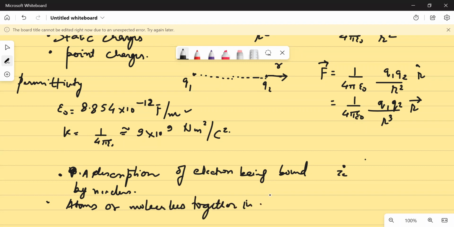I'm not much concerned with solids here, but with fluids. By fluid I mean liquids as well as gases.